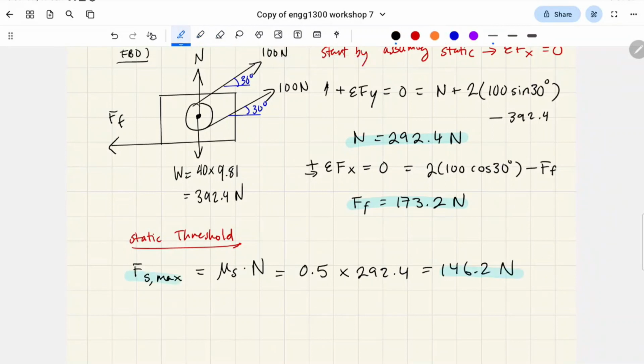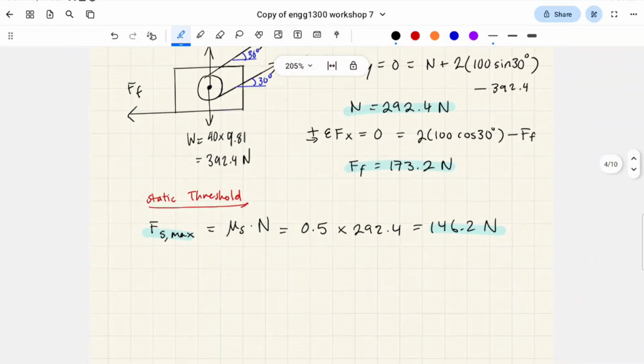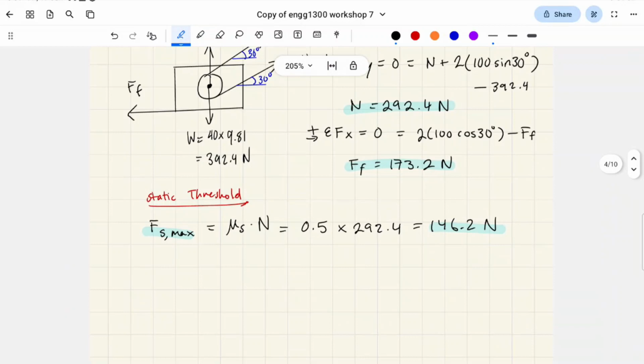So if our calculated friction is greater than, yeah? Right, all good. So think about, we're going to be comparing FF with FS max. If FF is under FS max, then we're using static friction.